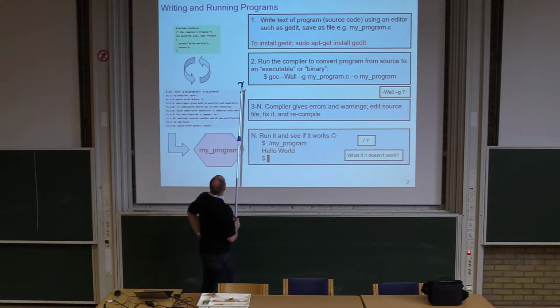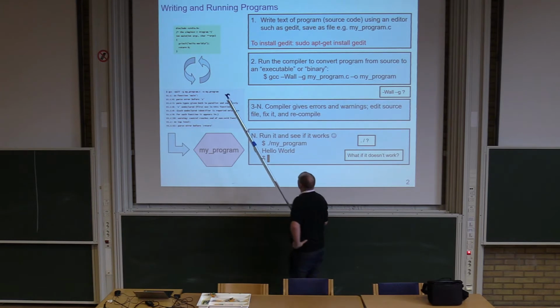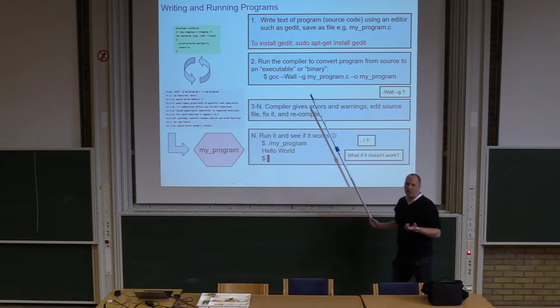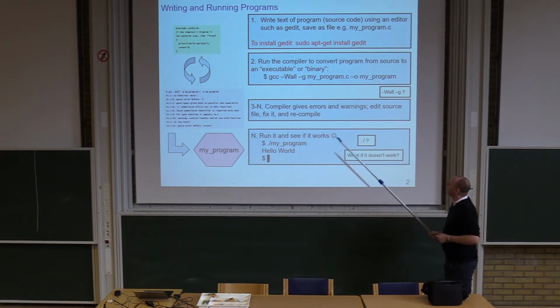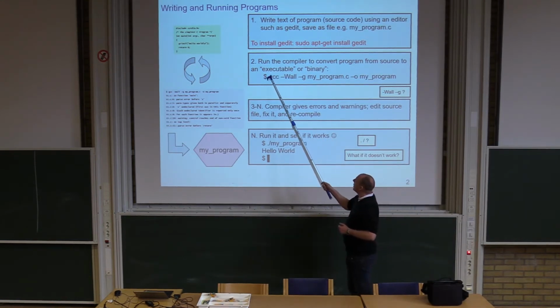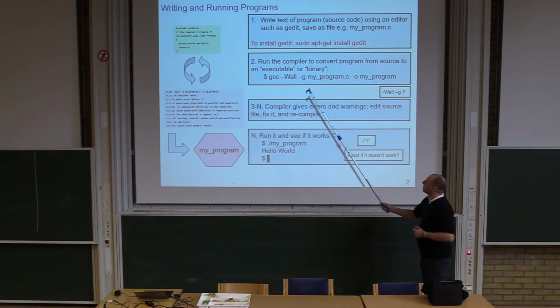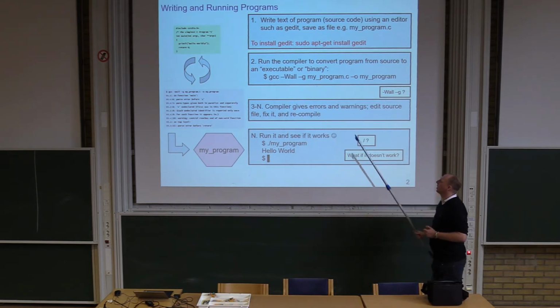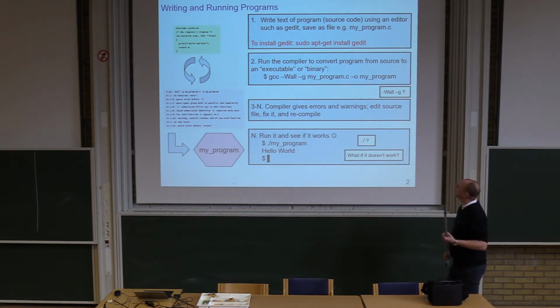What you need to do is compile this program to something that the computer understands, and you do that by executing a compiler. On Linux, a common compiler is called GCC.